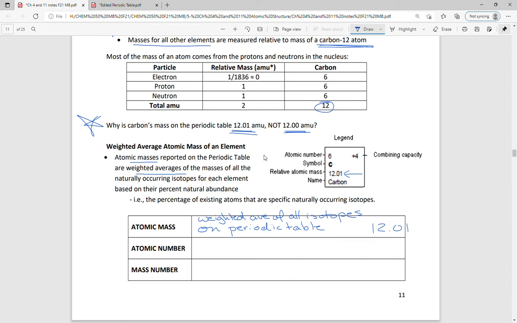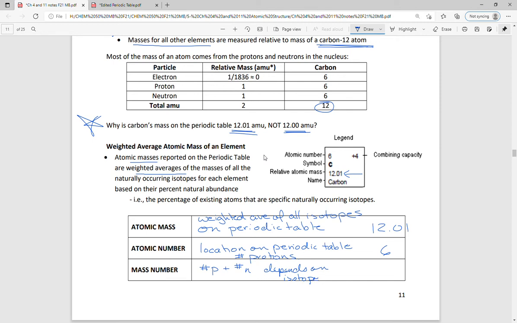Atomic number is the location on the periodic table. We also talked about this as the number of protons, and that never changes. So for carbon, it is 6. The mass number, this was the perfect world. It is the number of protons plus the number of neutrons, and it depends on the isotope or the specific atom that we're looking at.